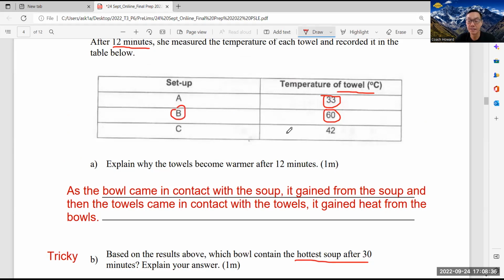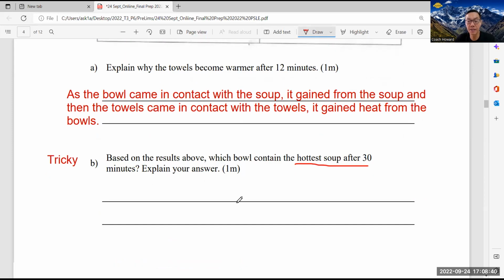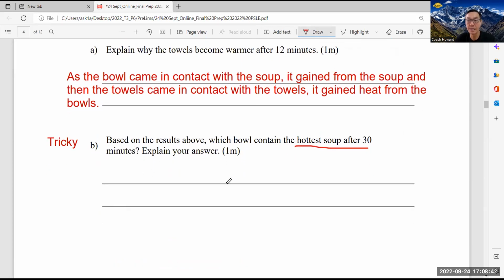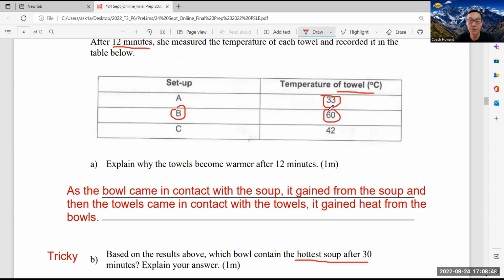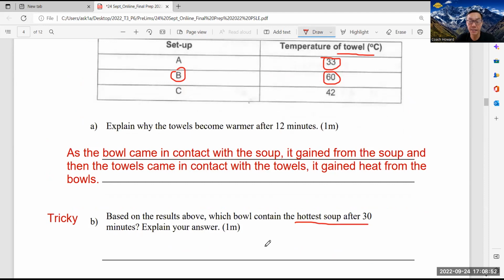They'll put B. Most of the students, because they see 60, so they'll write B. And then they try to think how to give the answer. Why do the students put this one? Because they say the towel is 60, so they will think that the soup has the highest temperature. So they write, since the towel has the greatest temperature, the soup will also have the highest temperature.